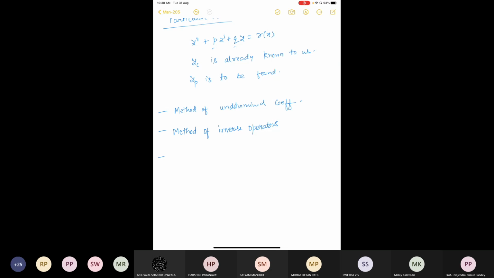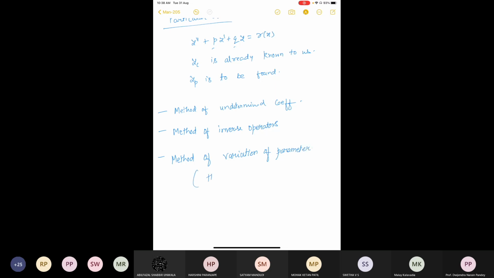Then the third method is also applicable, which is known as the method of variation of parameters.